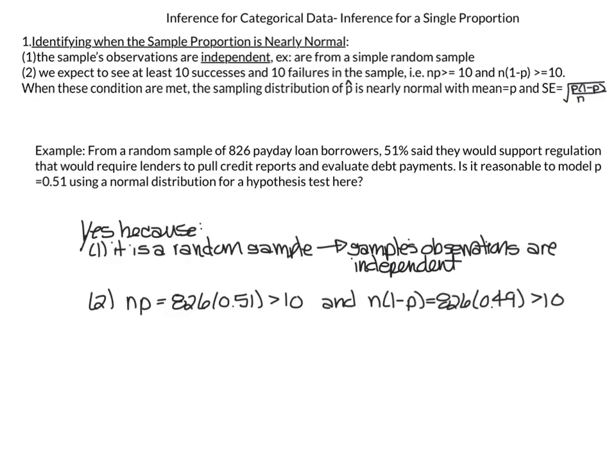And the answer is yes, because one, it's a random sample, we have that here, and two, because our success rate, that's n times p, which is 826 times 51%, is going to be greater than 10. And our failure rate, n times 1 minus p, that's 826 times 1 minus 0.51, which is 0.49, is going to be greater than 10.